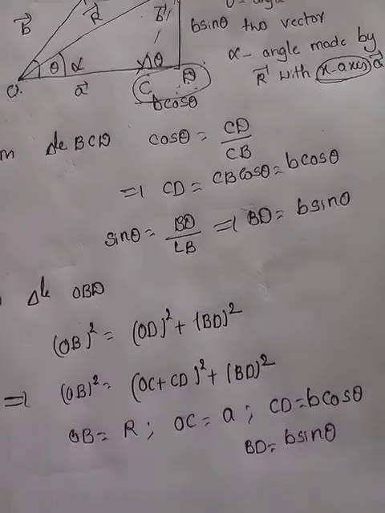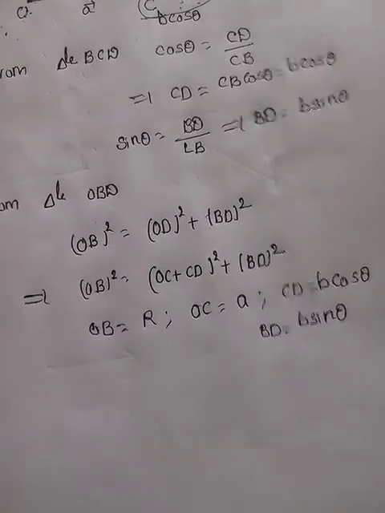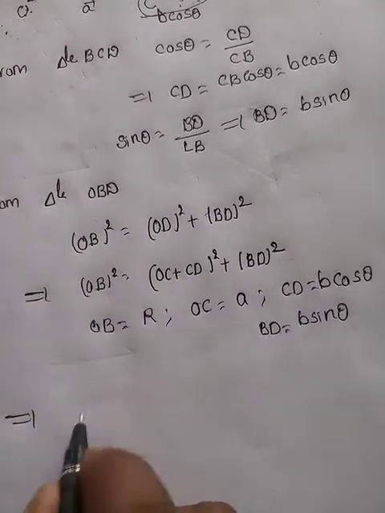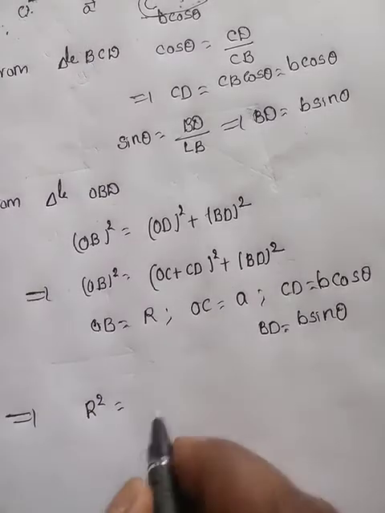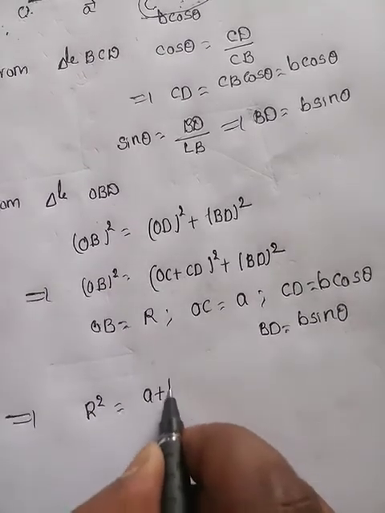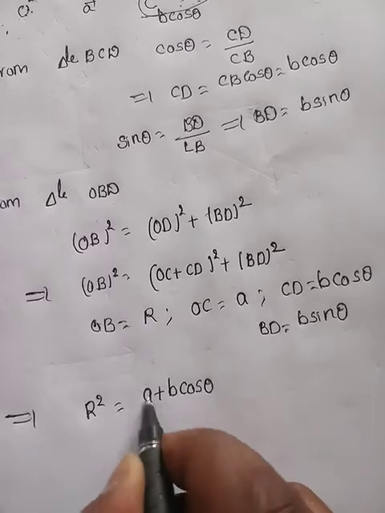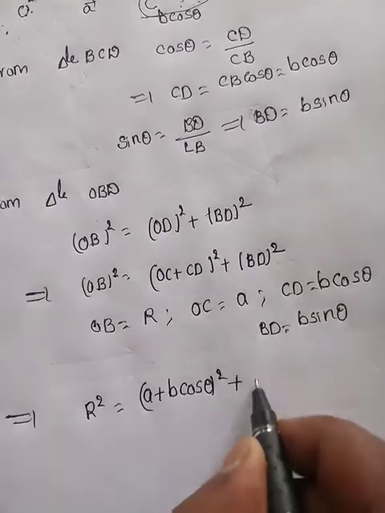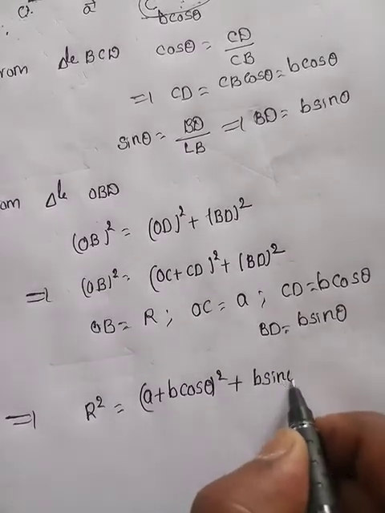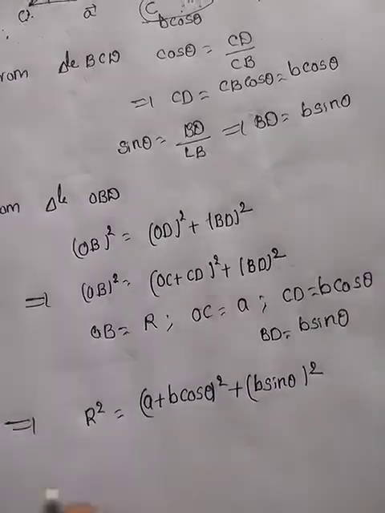All the values we are going to substitute in the above equation. Substitute. What is OB? R square. OC is A, CD is B cos theta, whole square, plus BD is what? B sin theta whole square.